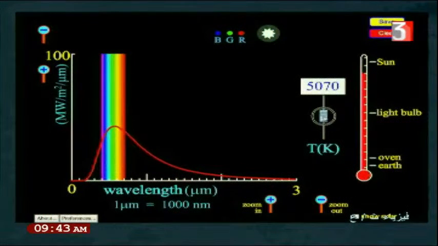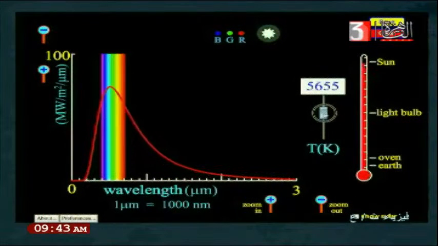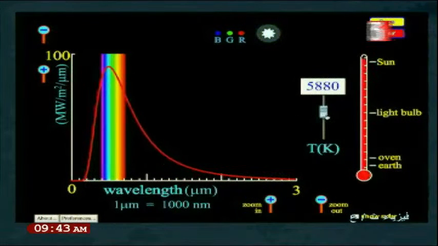Your attention. When the temperature is 4000 Kelvin, lambda maximum lies somewhere between 500 nanometer and 1000. When the temperature is raised to 5000, the peak is shifted towards the left.